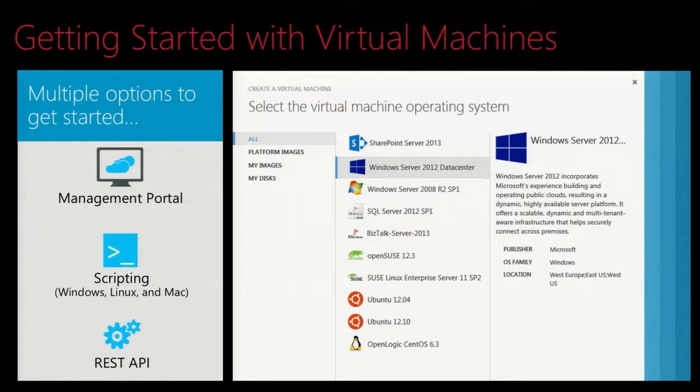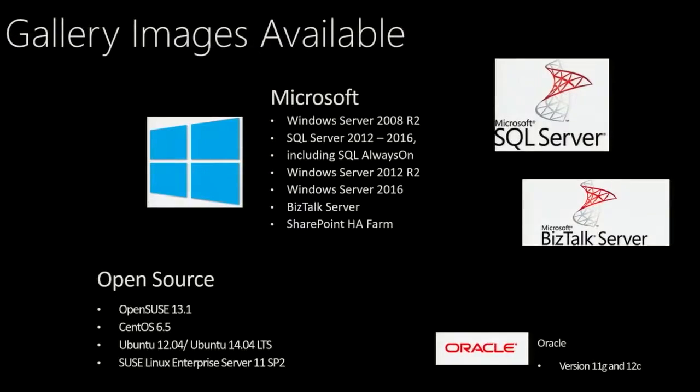But straight out of the box, you go to the portal, you can hit the marketplace, and you've got all these images available. If you wanted to deploy a SQL server, you don't have to just deploy a Windows server and then install SQL on it. You can just click, I want a Microsoft SQL server, and it's an image that already has SQL installed, and then you go into SQL and provision your own database.